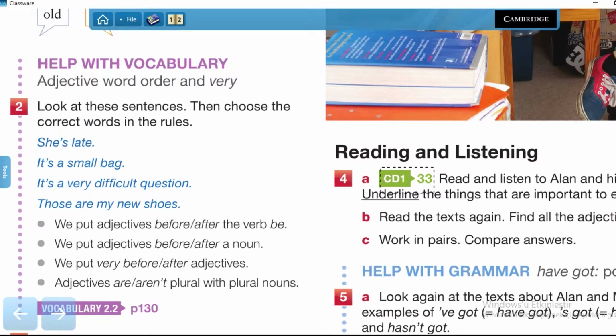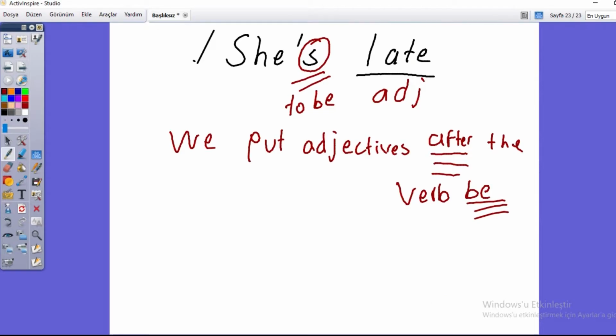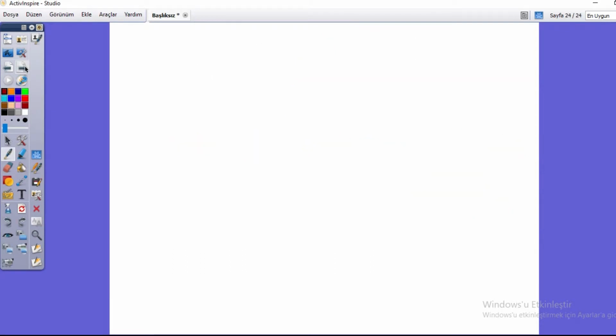Number 2, it's a small bag. And the rule says we put adjectives before or after a noun. It's a small bag. Here we go again. What's the adjective here and what's the noun here? The adjective here is small.